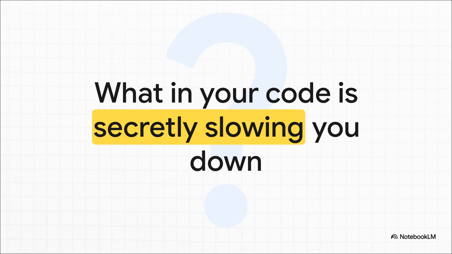This one simple change in thinking, from one row at a time to a whole batch at once, can make such a huge difference. And it really makes you wonder, doesn't it? It leaves us with this final thought. What other obvious or standard things are we doing in our own code that are secretly slowing everything down, just waiting for us to find them?